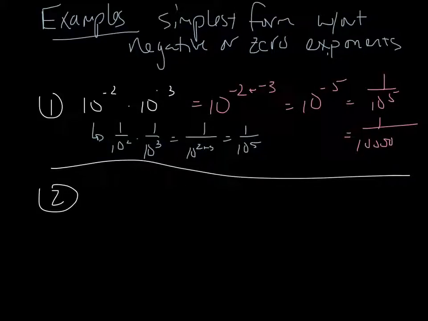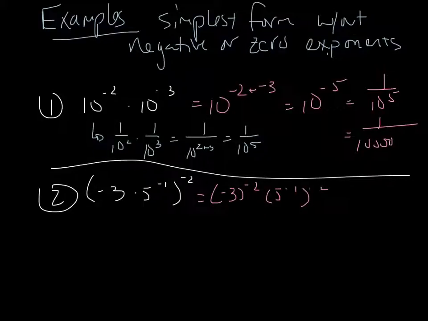So we got another one. Negative 3 times 5 to the negative 1, all raised to the negative 2. We've got a product, so distribute the exponent: negative 3 to the negative 2, and 5 to the negative 1 raised to the negative 2. What we do here is power to a power.